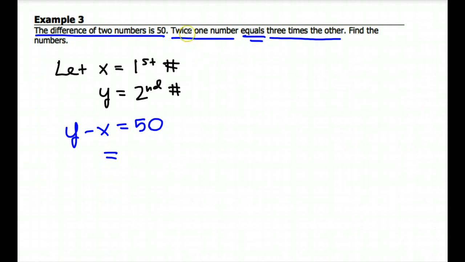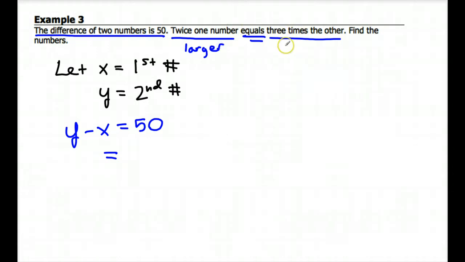If we take 2 times the larger number, it could be equal to 3 times our smaller number. But if we took 3 times our larger number, there's no way it's going to equal twice the smaller number. The smaller number has to be multiplied by something more in order to catch up to the larger number. So twice one number means we're taking it times our larger number.